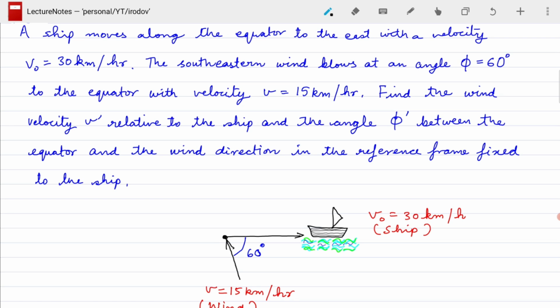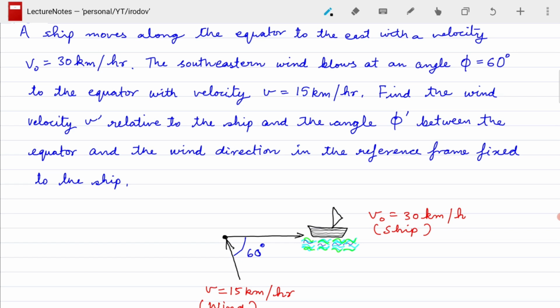Now we have to find the wind velocity V dash relative to the ship and the angle phi dash between the equator and the wind direction in the reference frame fixed to the ship.